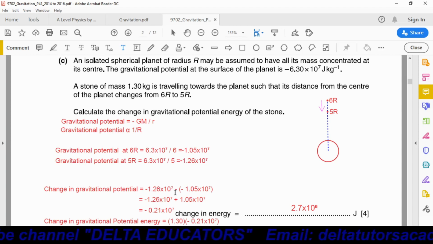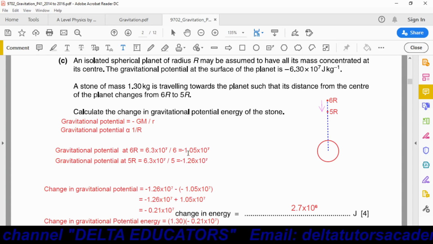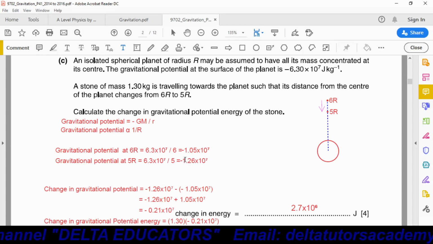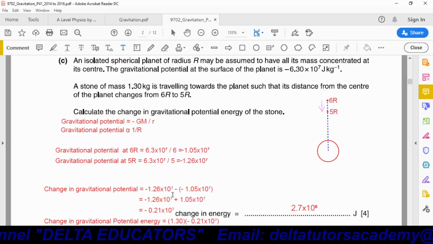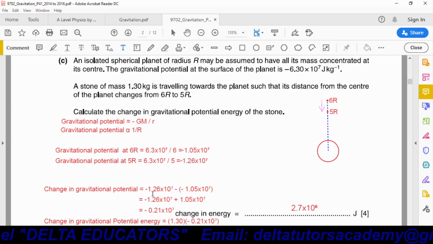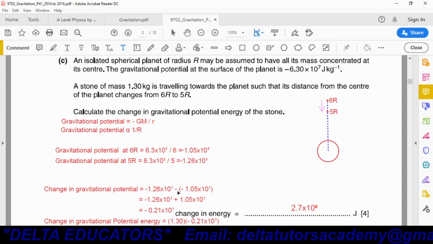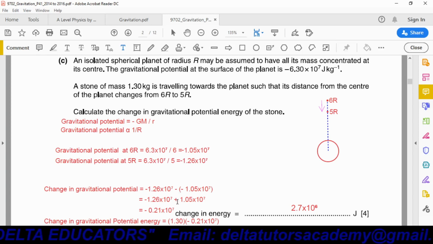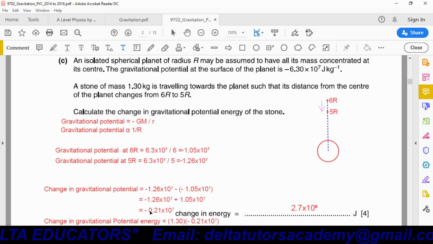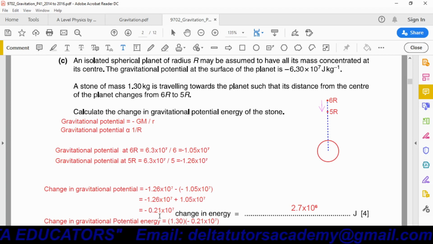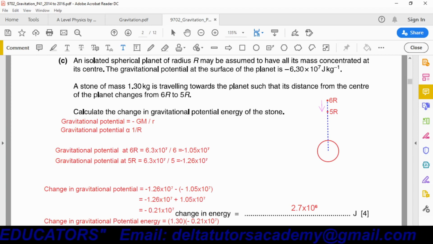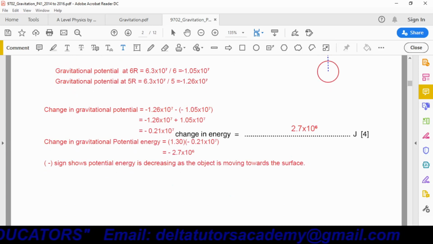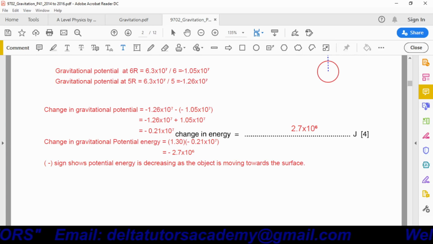This sign is of the formula, and these two values we got with the negative sign. So minus multiplied by minus gives a positive sign. When we solve this, we get the answer minus 0.21 into 10 power 7. This is the value of the change in gravitational potential.